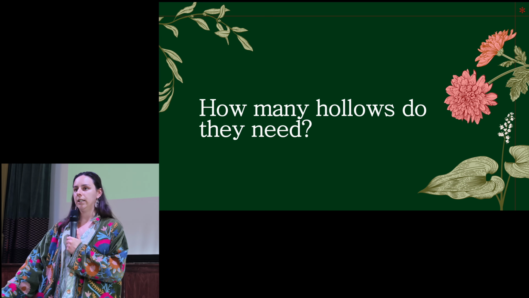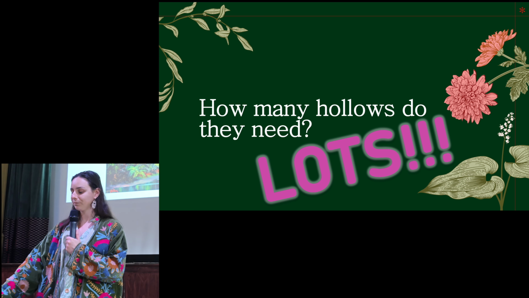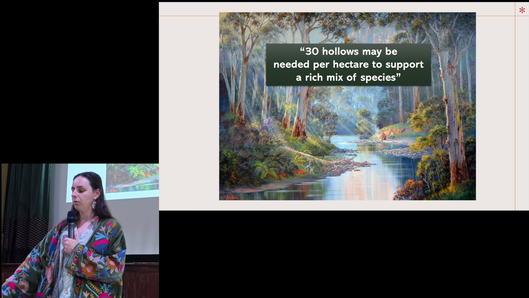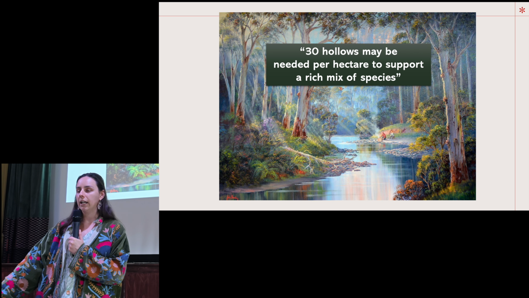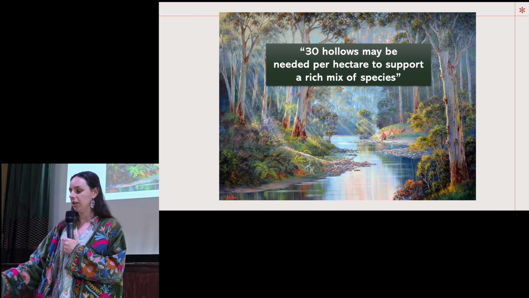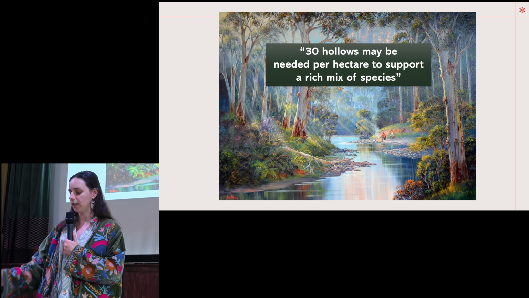And often a question that gets asked is, well, how many hollows do we need in our forests? Lots. One study put forward that we need, on average, in certain landscapes, at least 30 hollows per hectare to support a rich diversity of species.